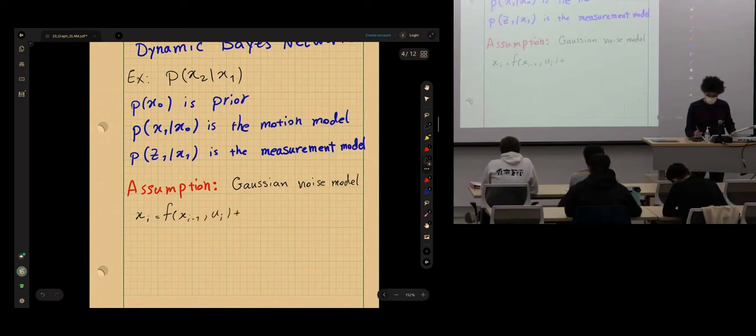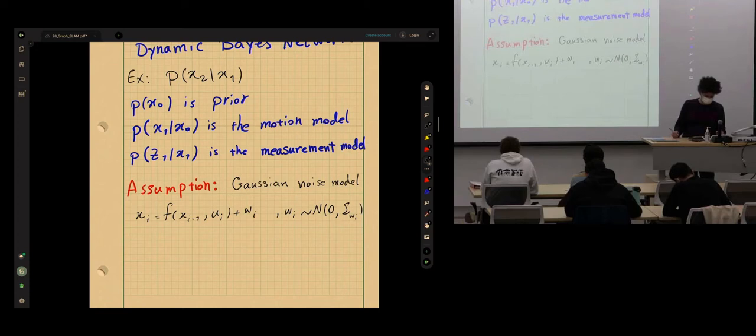Some input plus some noise. And the noise, as usual, is zero mean Gaussian noise. White Gaussian noise, uncorrelated with itself across time.